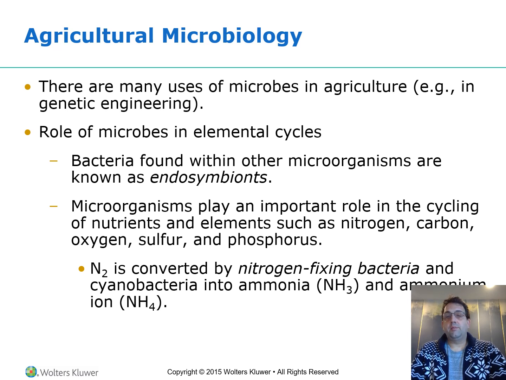Now, microorganisms play an important role in chemical cycling. So getting carbon, nitrogen, oxygen, sulfur, phosphorus out of dead and decaying matter or out of feces into new growing plants. Nitrogen is converted by nitrogen-fixing bacteria and cyanobacteria into usable chemicals like ammonia and ammonium.